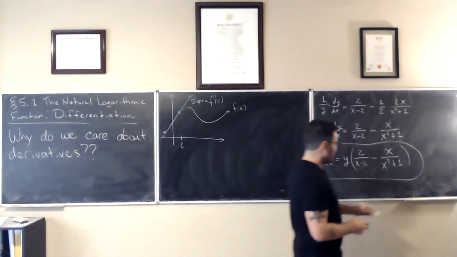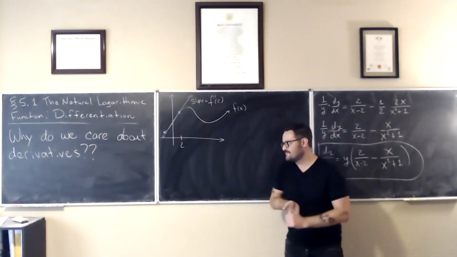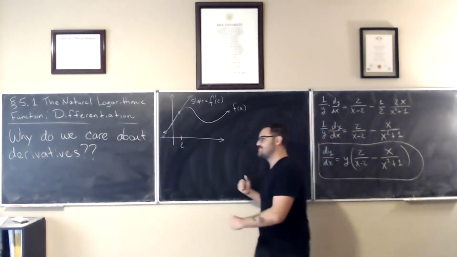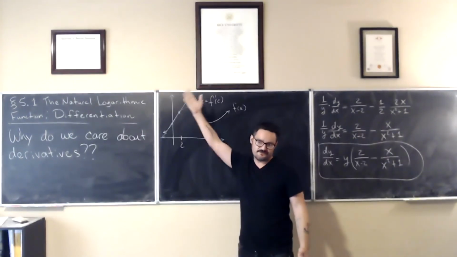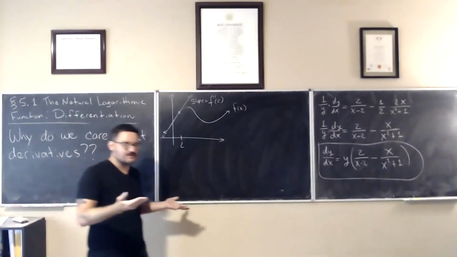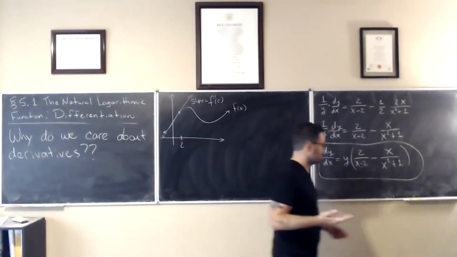So at a very base level, you could say derivatives are important because they tell you the slope of the line tangent to the curve at a given point. That's one thing you could say. It's not very much, but it's something, right?